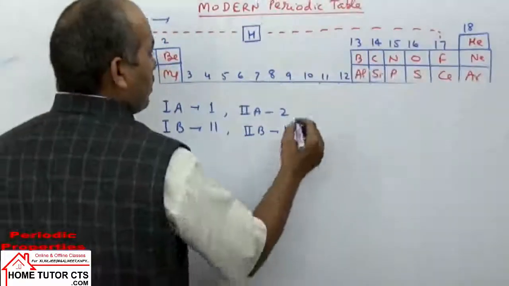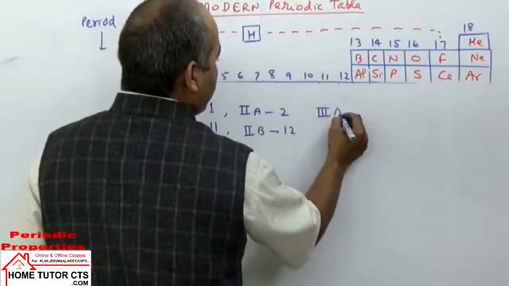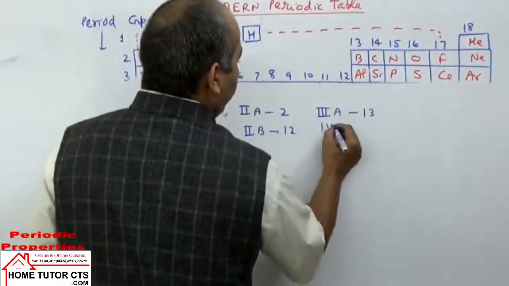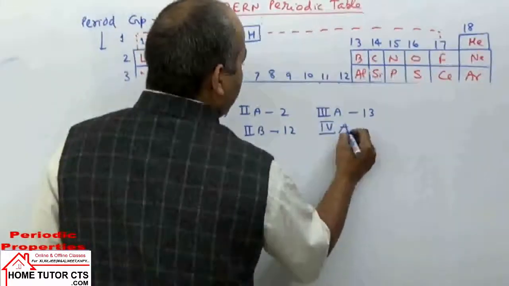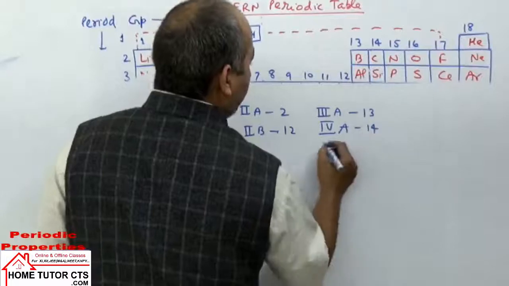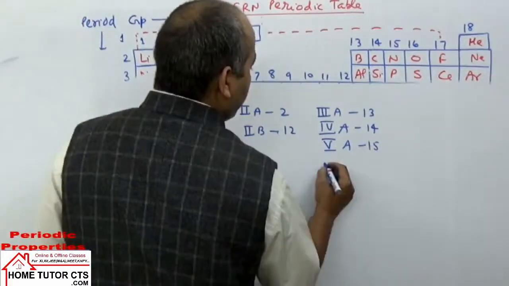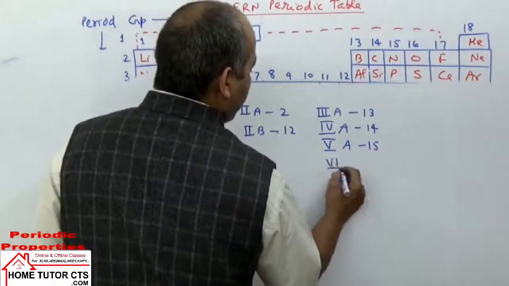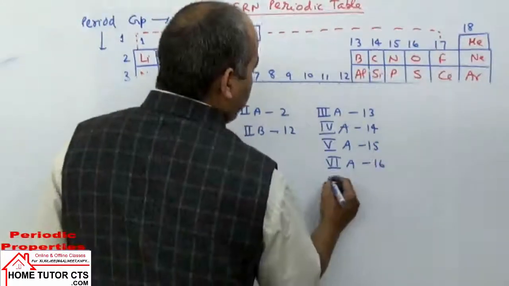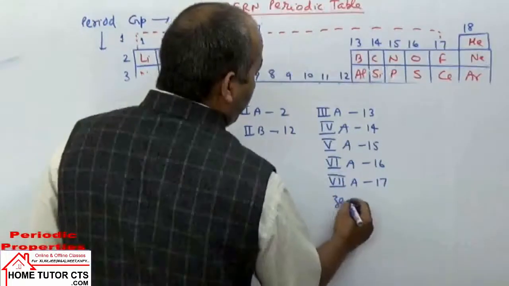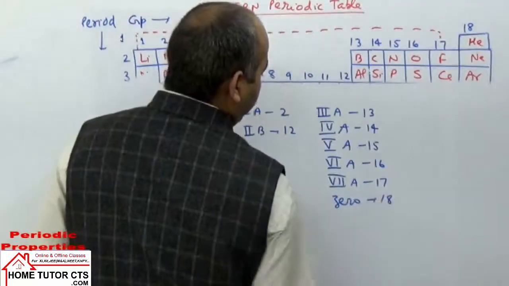Then 3A is the same as 13, 4A is 14, 5A is 15, 6A is 16, 7A is 17. Group 0 is group number 18.